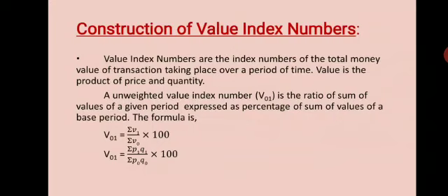The value index number formula is V01, which is equal to summation V1 divided by summation V0 into 100. That is V01, which is equal to summation P1 Q1 divided by summation P0 Q0 into 100.